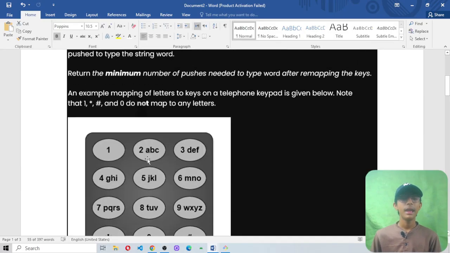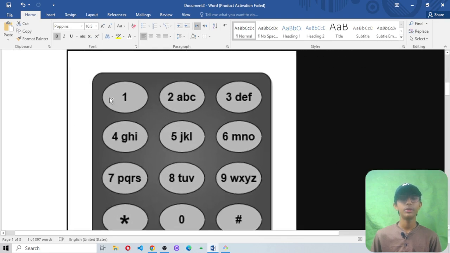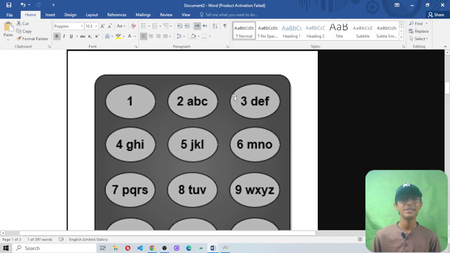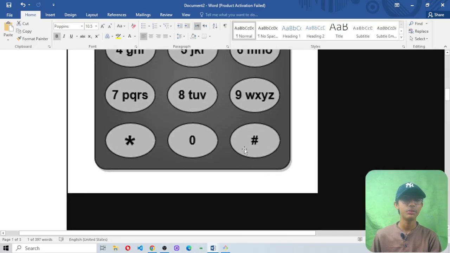And there is the diagram here. You can see in 1 there is nothing, in 2 there is ABC, in 3 DEF, in 4 GHI, in 5 JKL, in 6 MNO, then 7 PQRS, then in 8 TUV, in 9 WXYZ, and then there's star, 0, and hash.